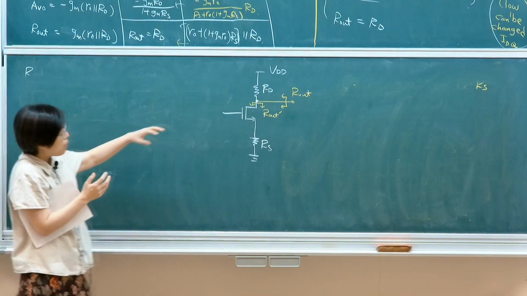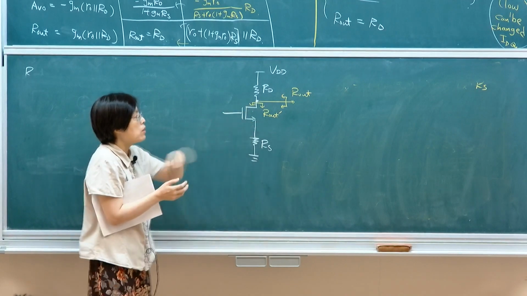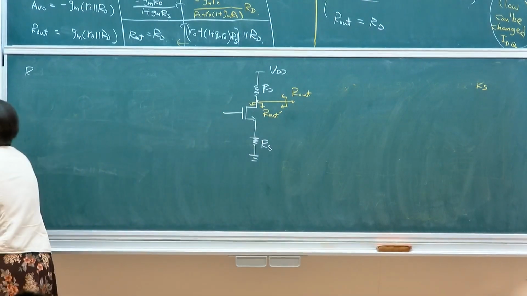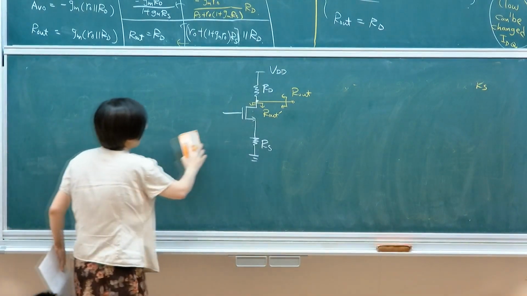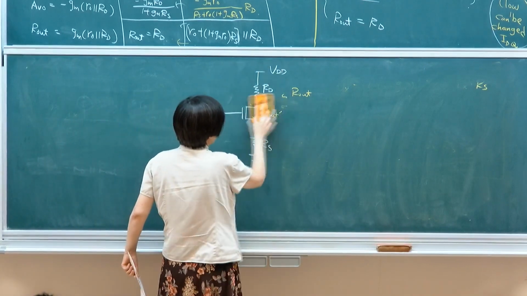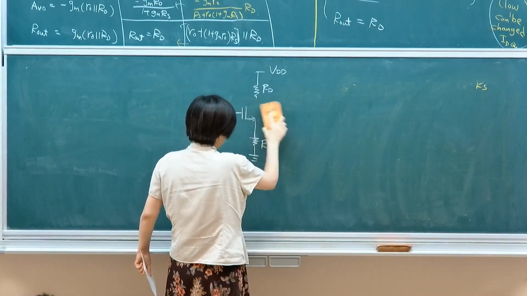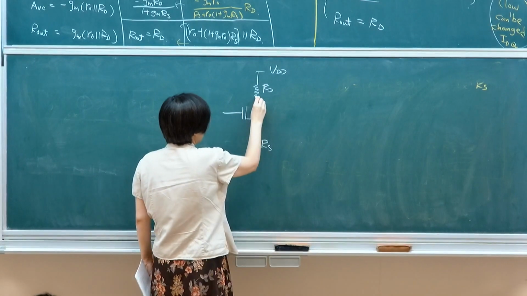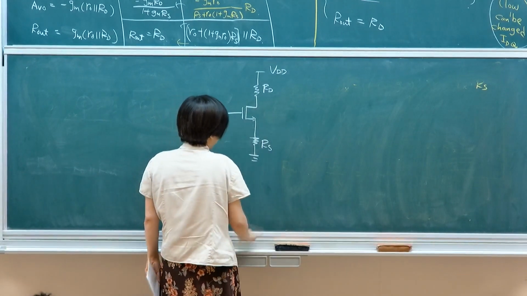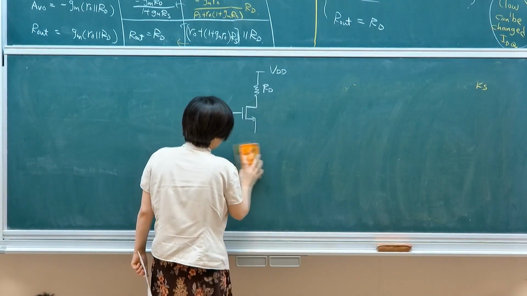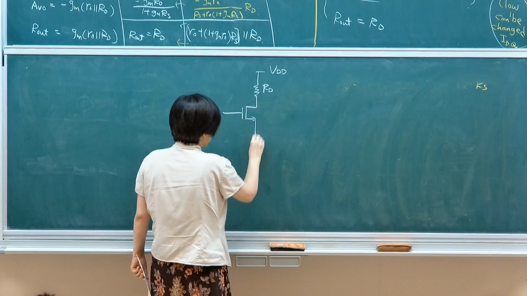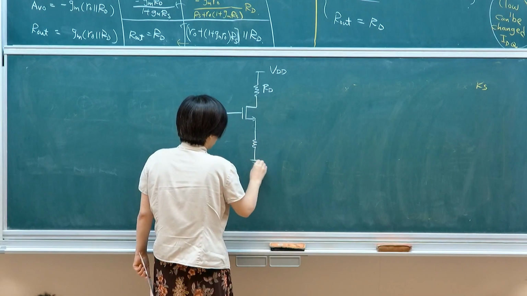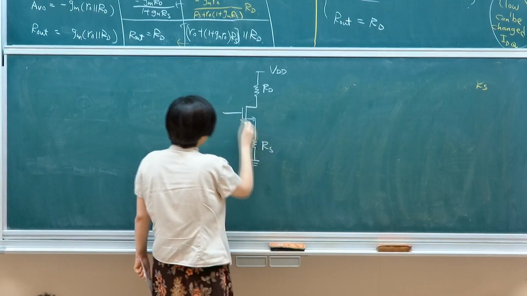So the transforming of the output resistance is very important to understand. Let's say I have a common gate stage looking like this.